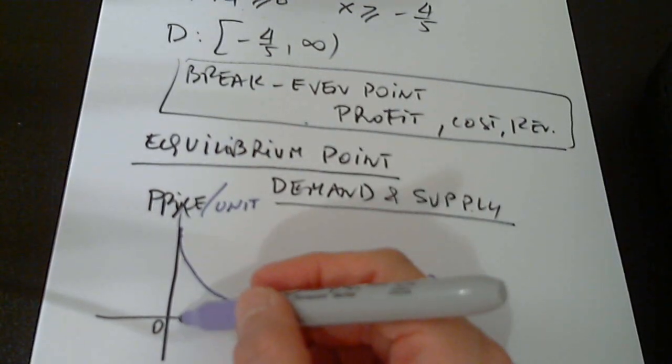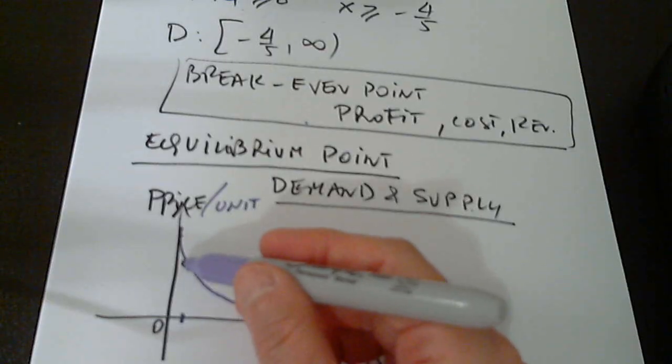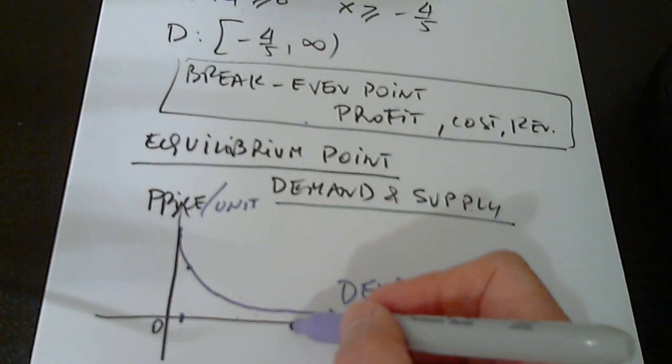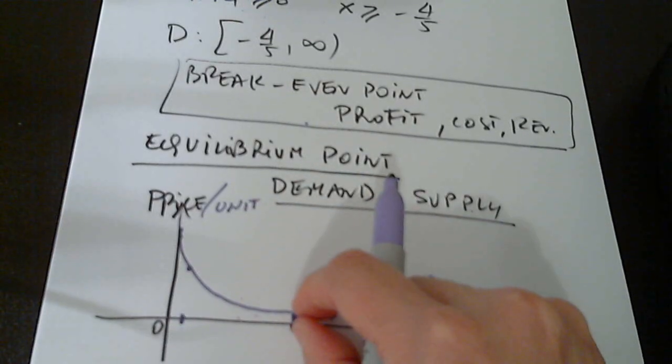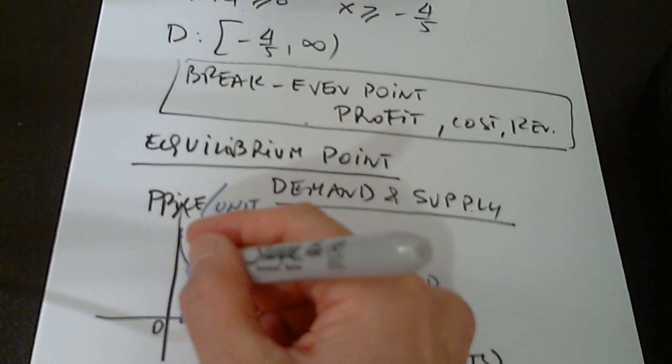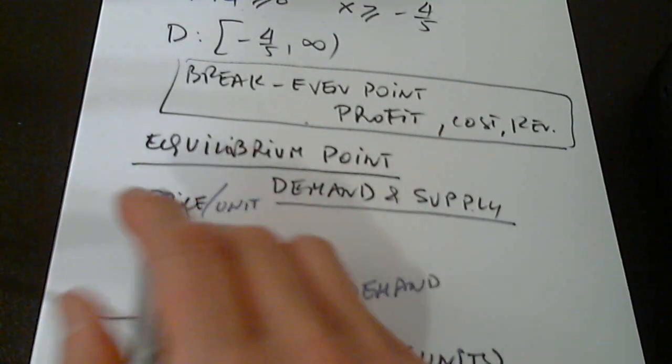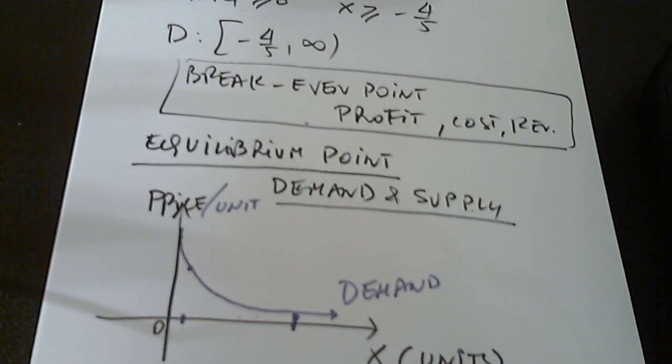If we purchase 1 unit, we pay this. But if we decide to purchase 20 units, we're going to pay this per unit. This will be the price per unit, this little bit. But if we want just one unit, then we're going to pay much more.